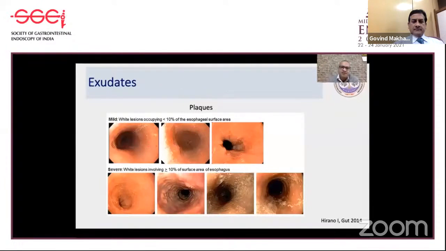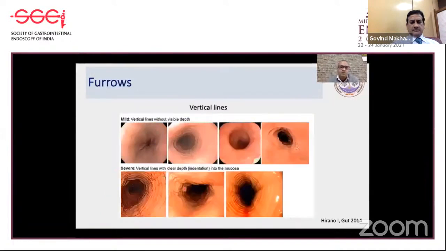Again, these are white lesions which may occupy a variable amount of the surface of the esophagus, and the scoring depends upon the amount of surface involved. Now, there could be furrows, which are vertical lines. You can see vertical lines here. Again, they may have a visible depth or they may not. But if there is an indentation, it may suggest a more severe kind of involvement.